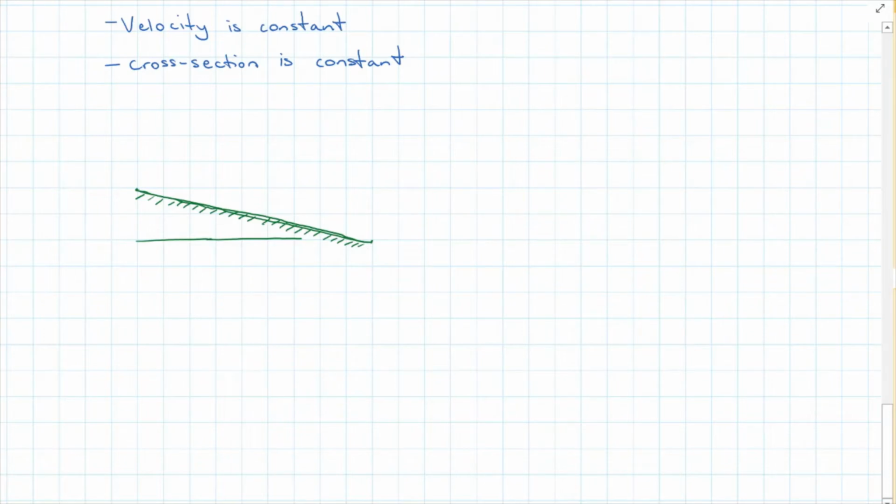So if I'm looking at a side view of an open channel, I'm going to have the channel bed slope. So this is the slope over my distance x, where distance x is any portion of the open channel I'm looking at.